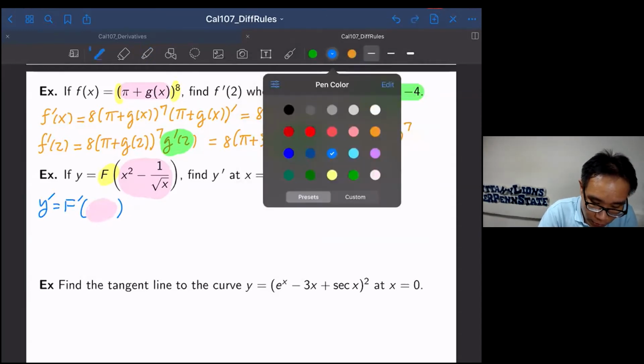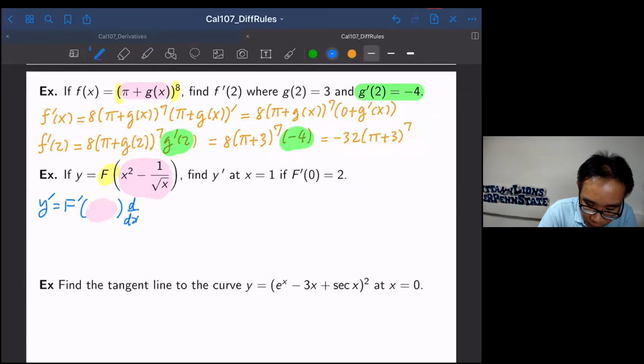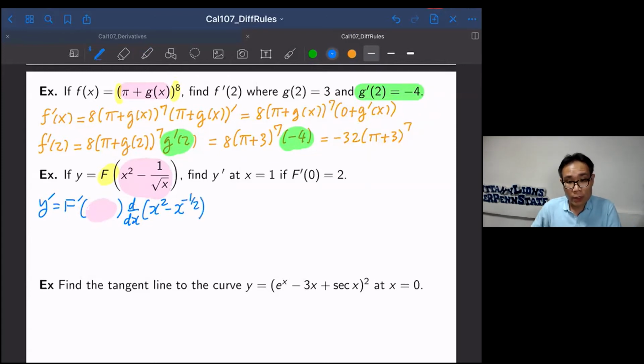So it's going to be d/dx of the pink guy. So you get x squared. And what is 1 over root x? 1 over root x turns out to be x to the negative 1/2. I write it this way because it's going to be easier to differentiate.